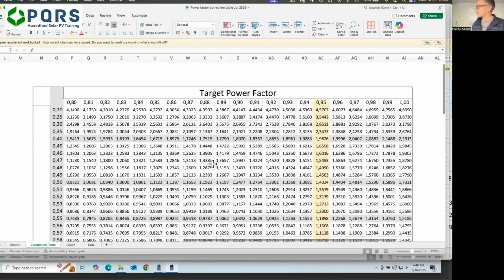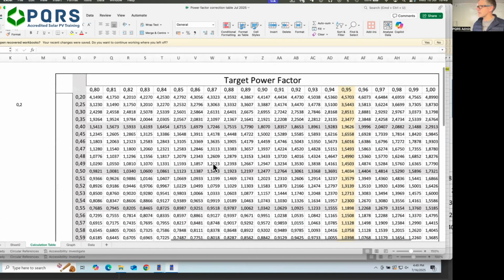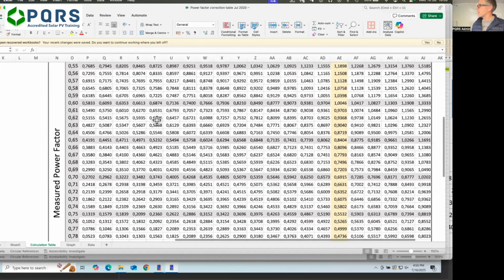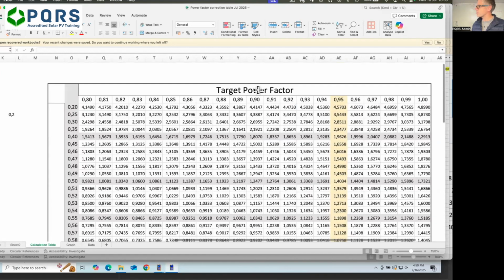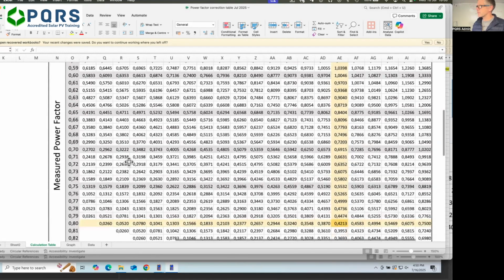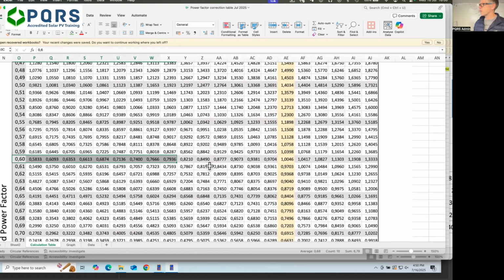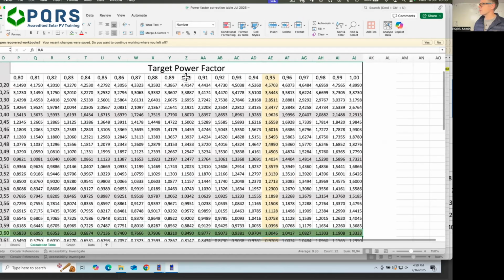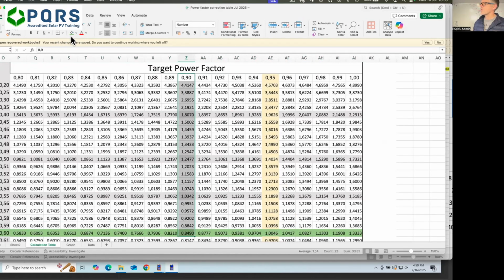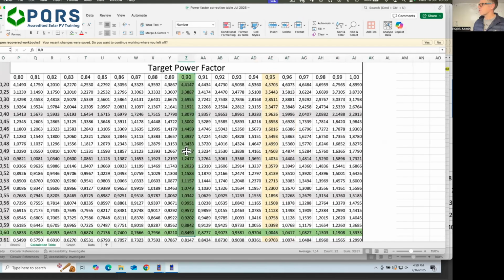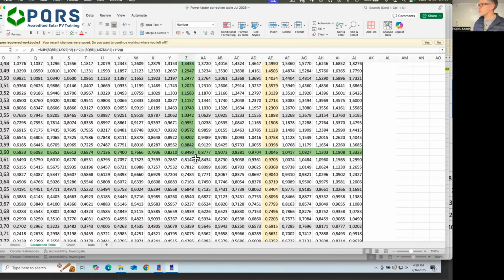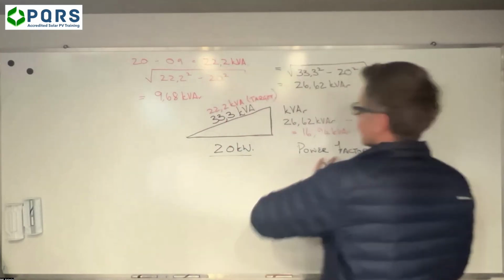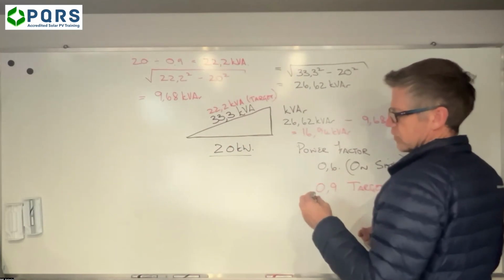How the power factor correction table works is that you look at your measured power factor and you identify your target power factor. 0.6 is what we've measured, and 0.9 is what we'd like to achieve. So our factor is 0.849.